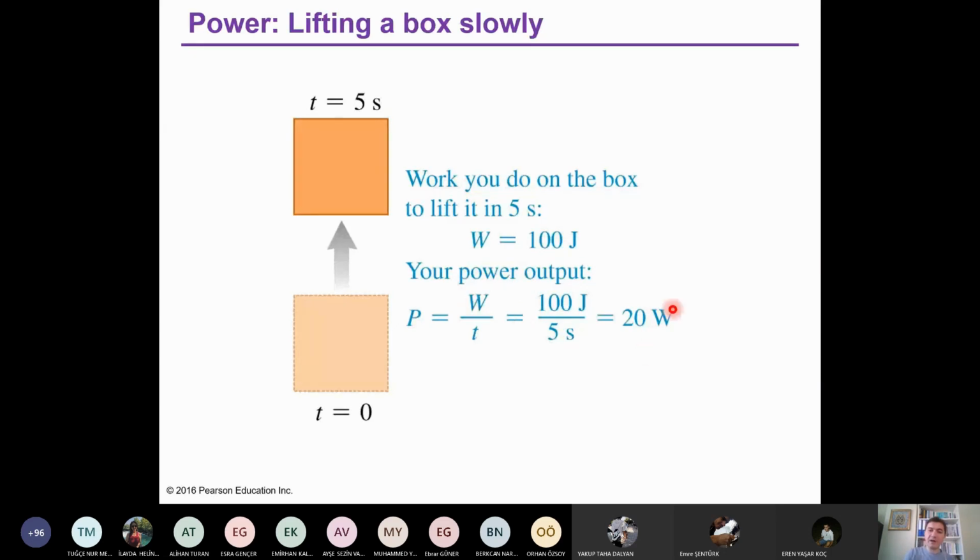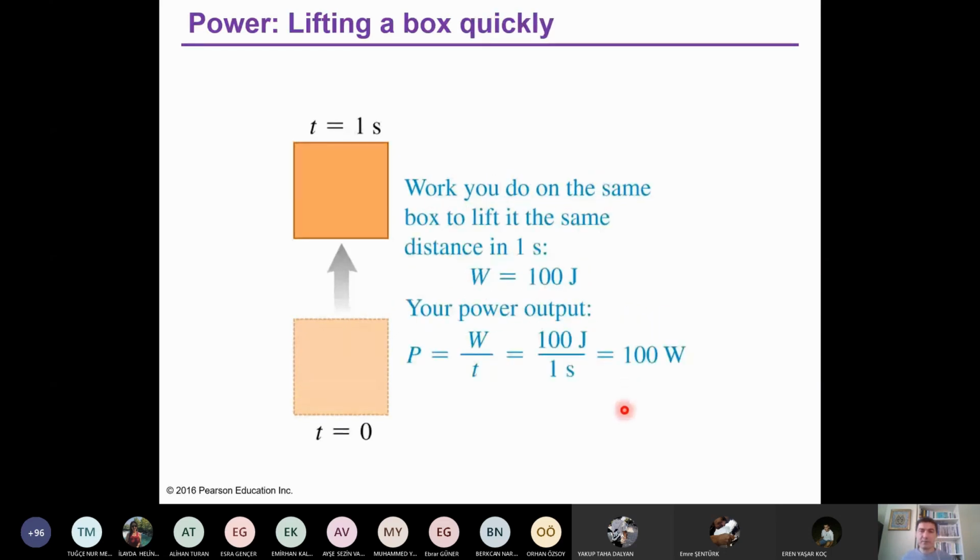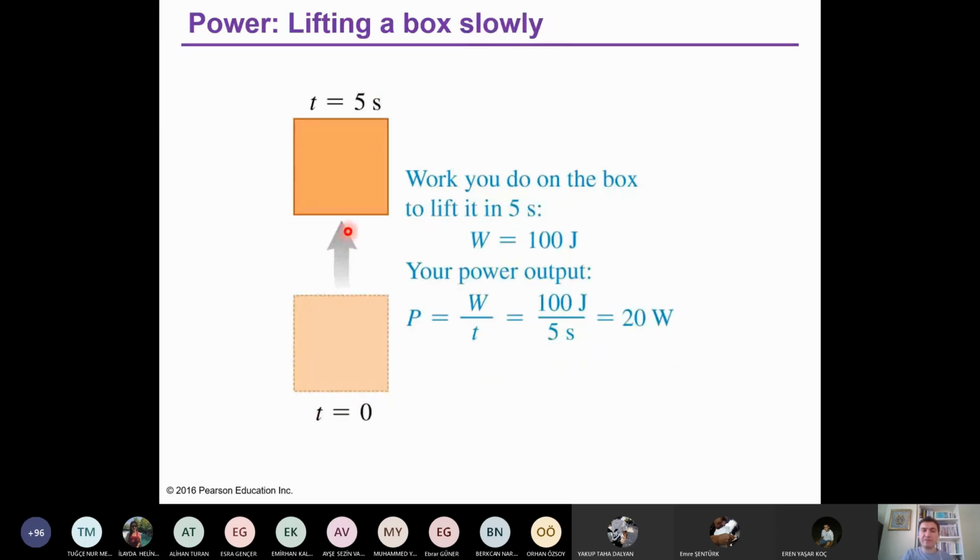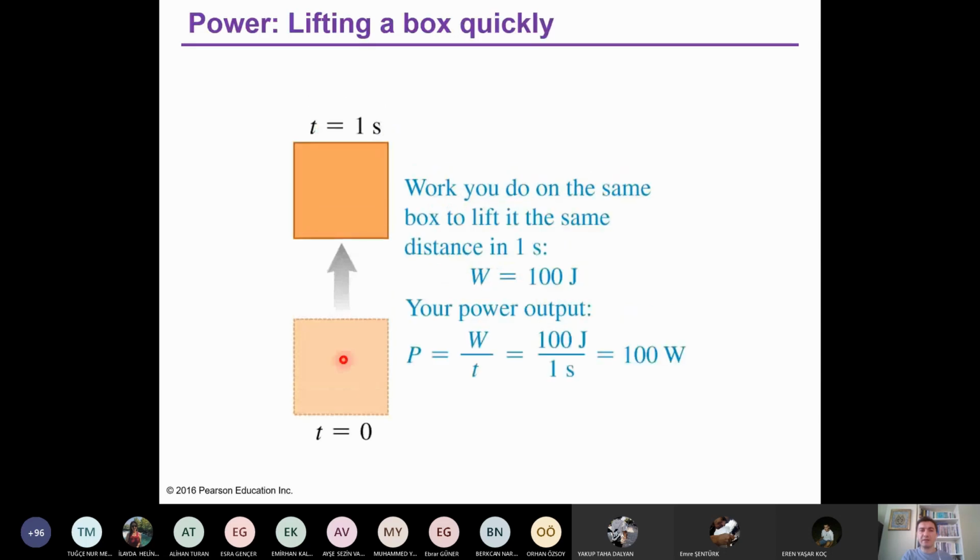But this is the initial position of the box when the time is 0. Now this is the final position. Let's consider that the distance between the initial position and final position is the same for both cases. In the first case, the displacement is taken within 5 seconds, and in the second case, the displacement is taken within 1 second.